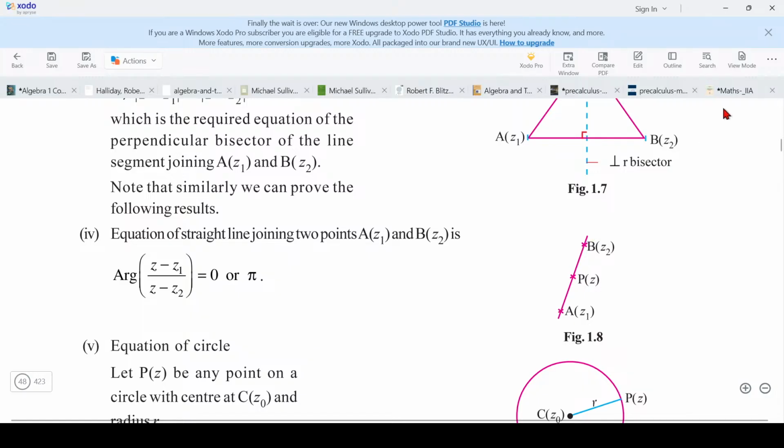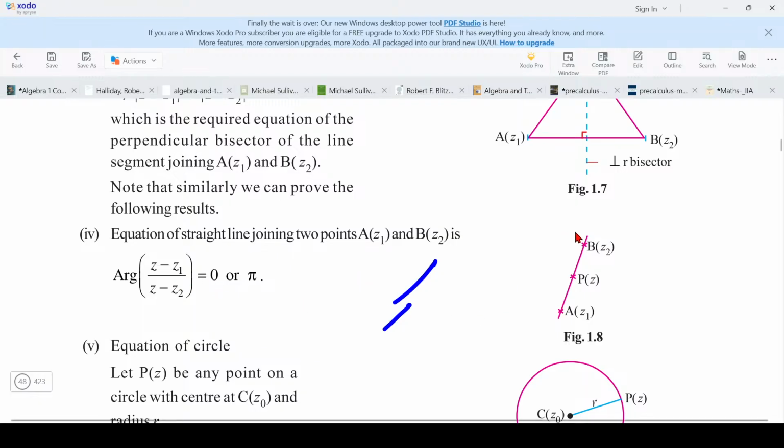Now, the angle between this one and this one is actually 0. That means both are in the same direction, right? Understood? Z minus Z1 and Z minus Z2 are in the same direction. This is what he is saying, right? Otherwise, the angle would be something else. If the angle is 0 or pi, that means they are on the same straight line. Agree?